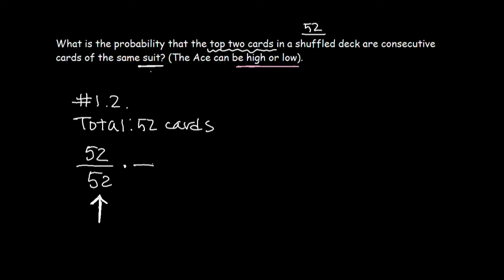Well, what are you left with? You're left with 51 cards after pulling the first one, because you're not replacing these cards. Well, how many cards do you have left to choose from? Let's for example say you choose number 4 of diamonds. You can either pull a number 3 or a number 5, because 4 is consecutive to number 3 or to number 5.